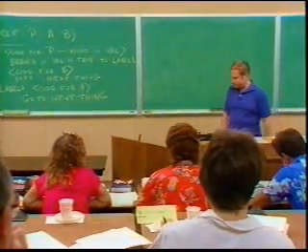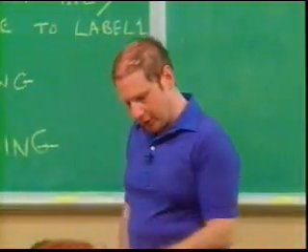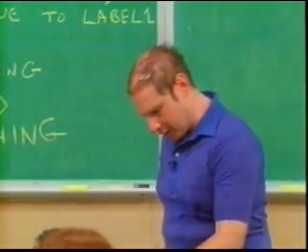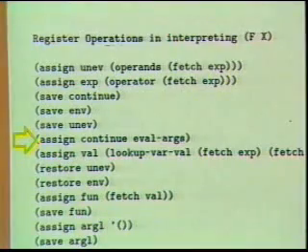Similarly, again, if we go back and look here, there are things like assign to continue eval args. Now that has nothing to do with anything. That was just the evaluator keeping track of where it should go next to evaluate the arguments in some application.